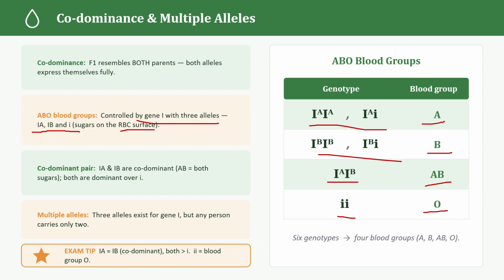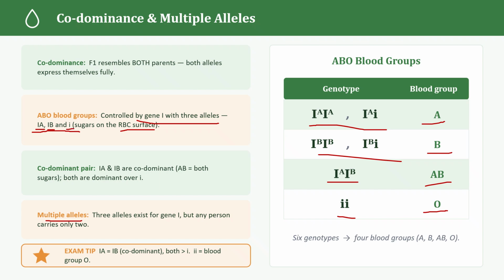Next, let's see multiple alleles. In multiple alleles, let's take again the ABO blood group. It demonstrates multiple alleles because the gene has three alleles in the population. What are the three alleles? IA, IB and the small i, right?